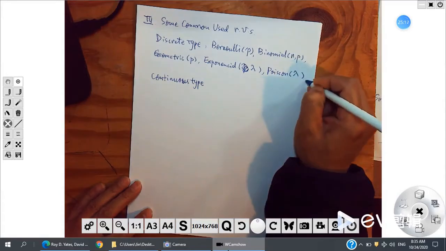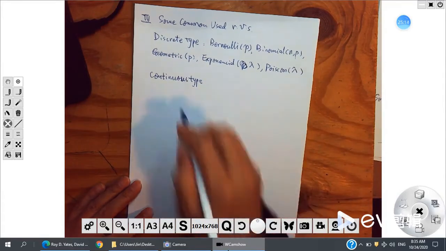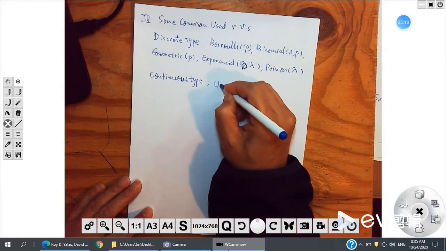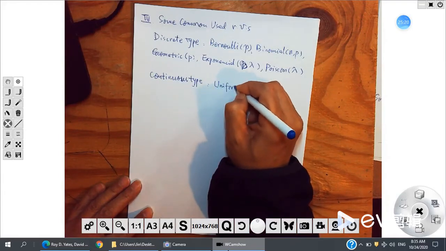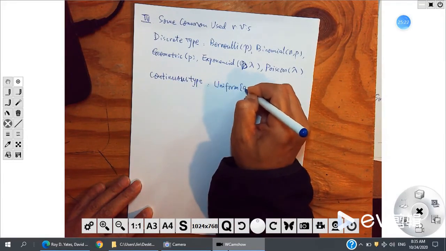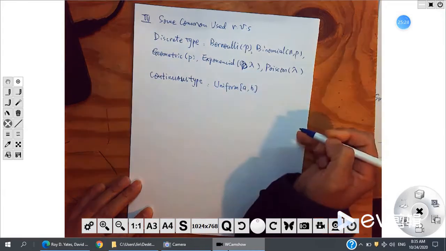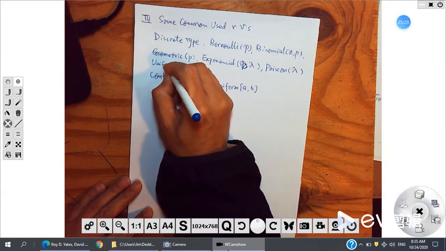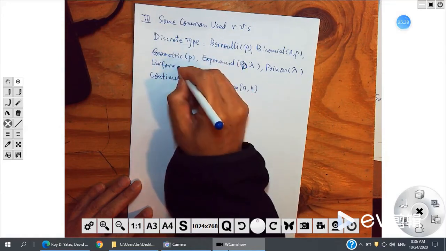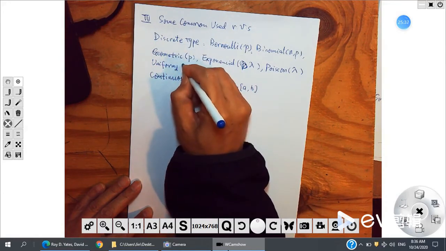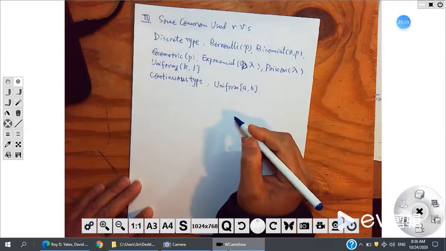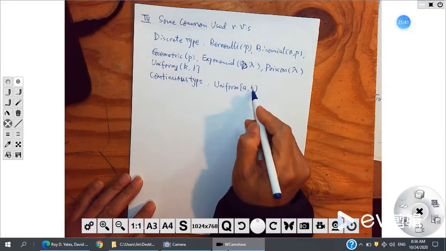And for continuous type, we have the uniform from A to B, an interval. Or we also have uniform for discrete type, I put a D here, uniform from some K to L. K and L are integers, and this A, B could be any value.